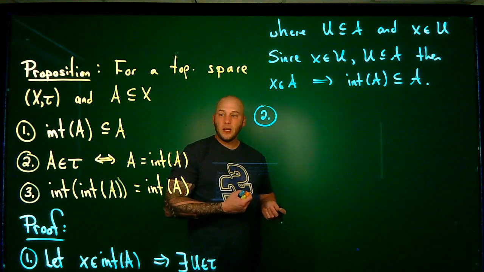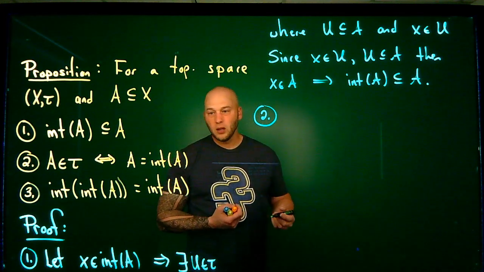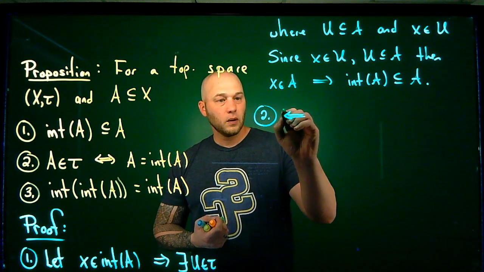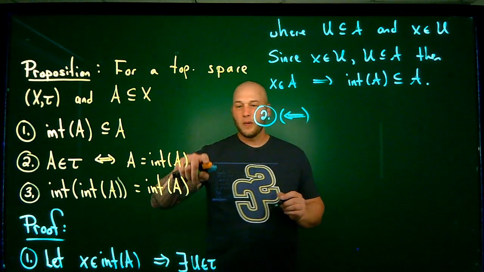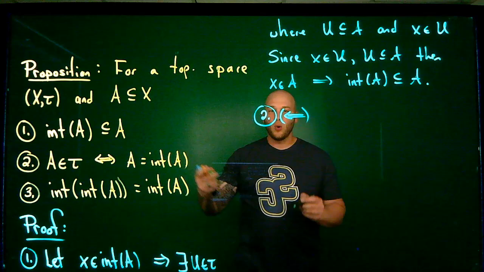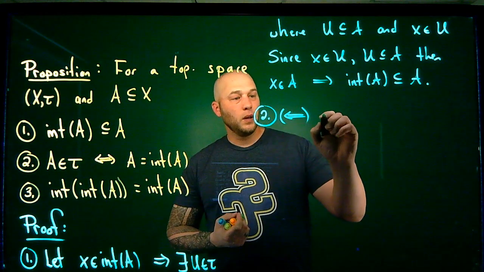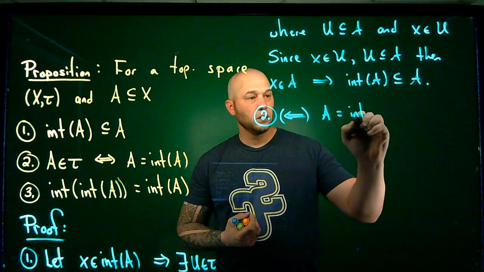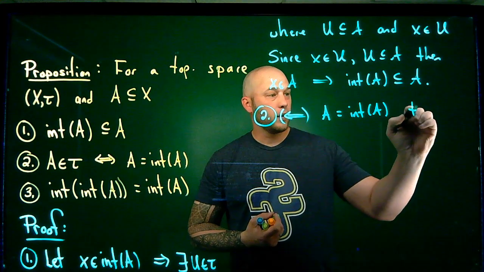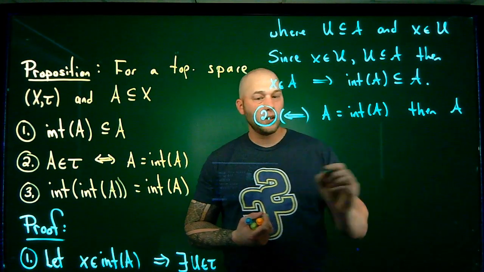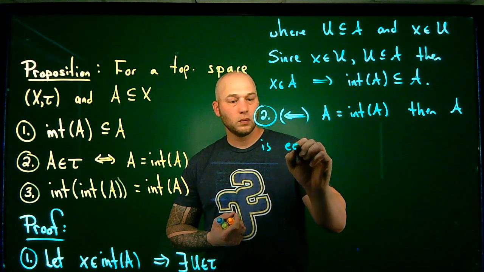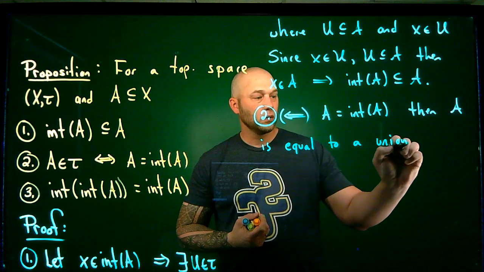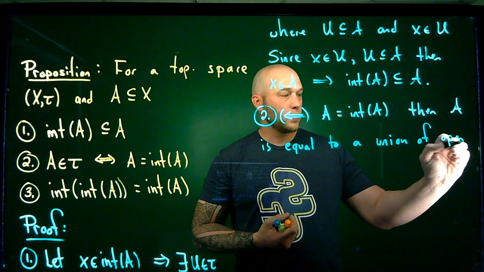2. A is open if and only if A is equal to the interior of A. Well, let's start by proving the direction going from if A is equal to the interior, then it's open. If A is equal to the interior of A, then A is equal to a union of open sets.